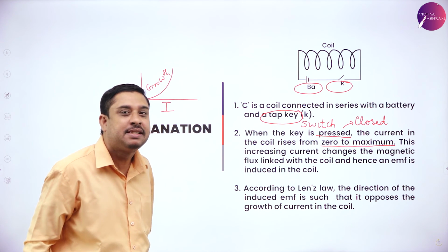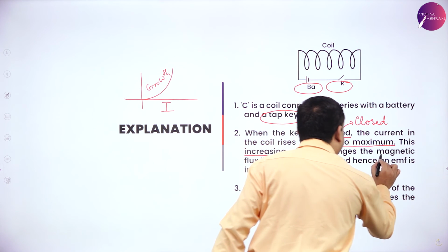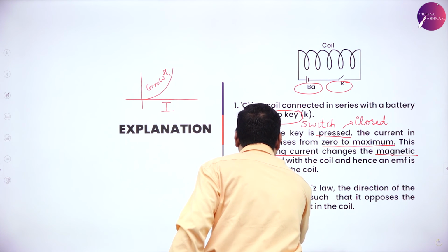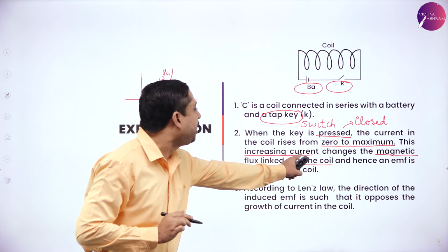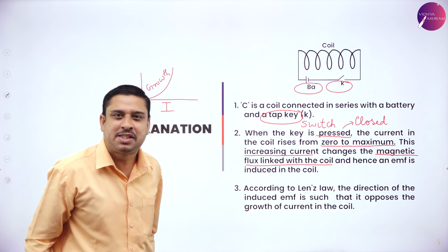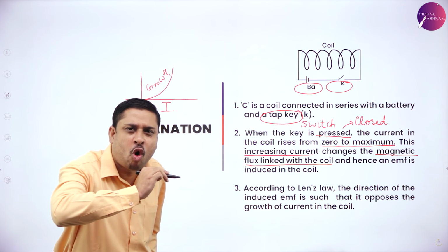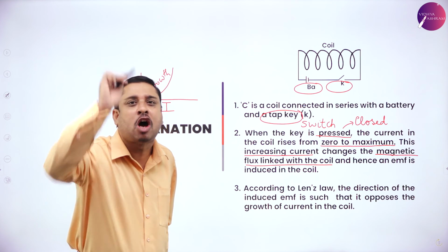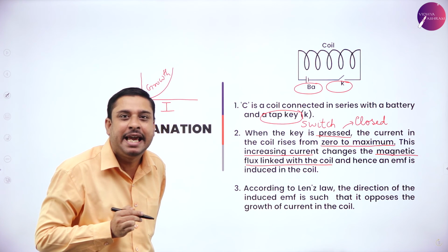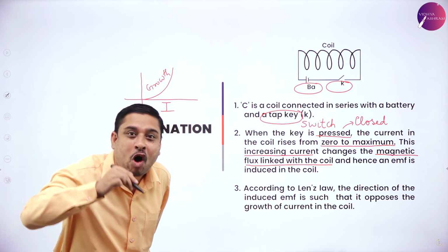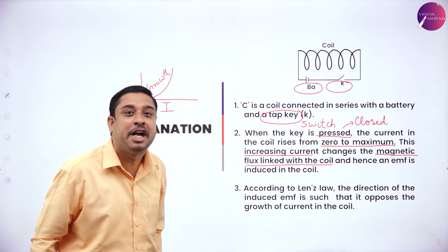Now what happens is, this increasing current changes the magnetic flux that is linked with the coil. Look, how beautiful. Current is slowly growing across the coil. The current is slowly increasing across the coil. And what is this increasing current doing?